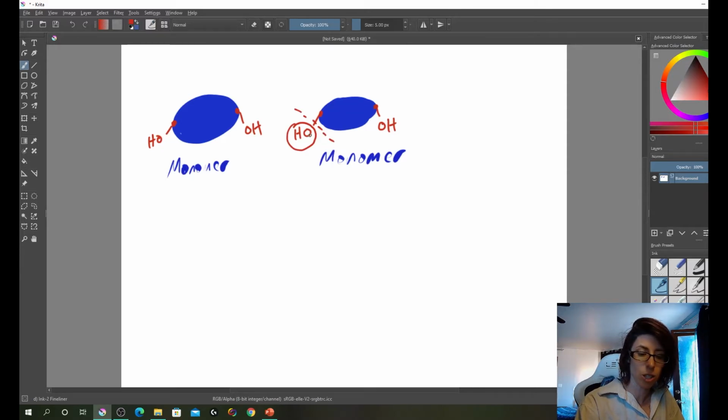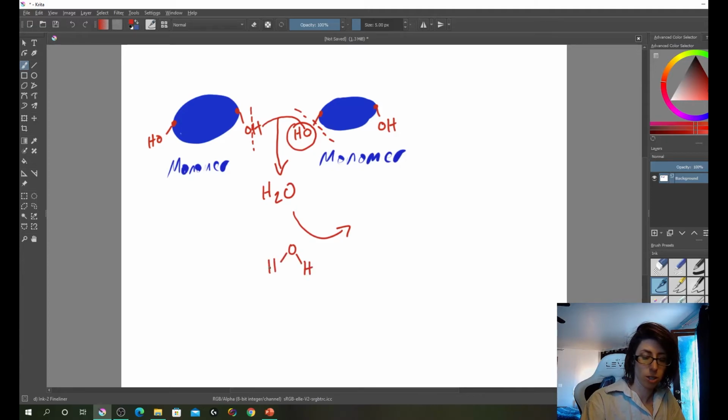And this oxygen is going to join up. There's going to be a break between this oxygen and this hydrogen. This hydrogen is going to join up with this oxygen here, forming H2O. So H2O is going to leave. And remember H2O, water, is just a hydroxyl group and a hydrogen. So this hydroxyl group here came from over here, right?